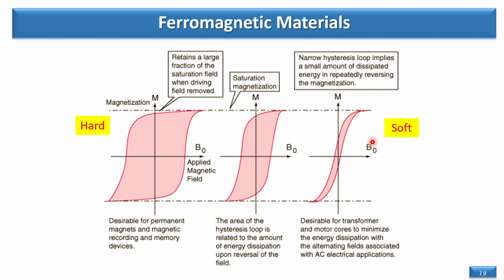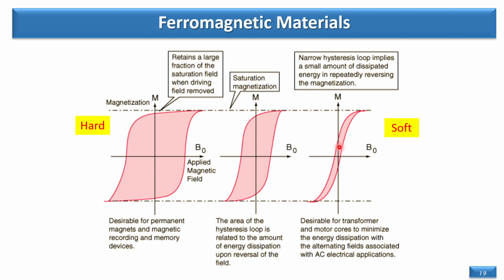So this hysteresis, or this residual, represents some sort of power loss, and based on this, the ferromagnetic material can be classified as either soft or hard. Soft and hard depends on the level of the permanent BR, the residual permanent magnetic flux value.